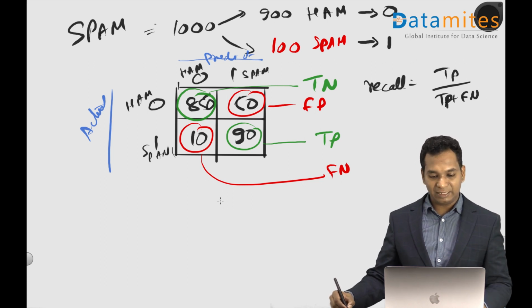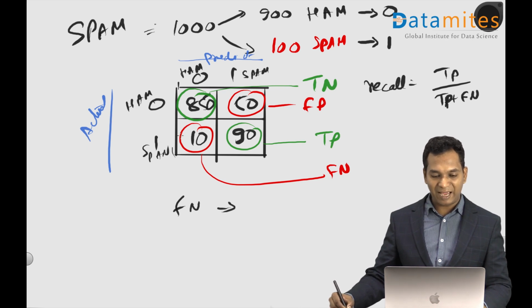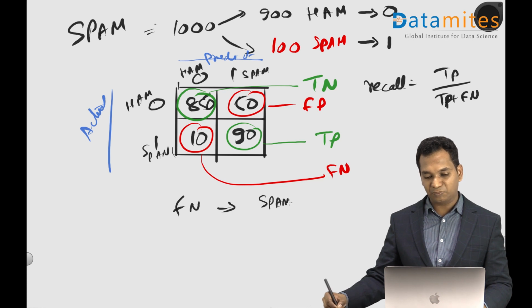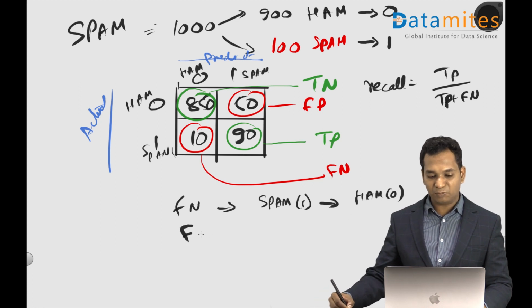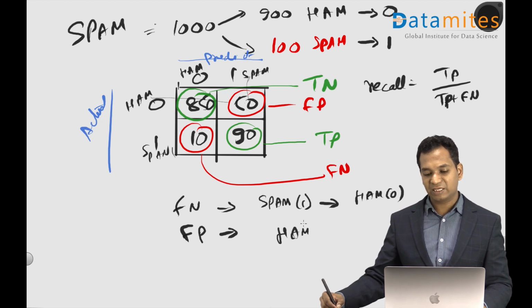In this case, a false negative is spam being predicted as ham, a 1 being predicted as 0. And false positive is a ham being predicted as spam.